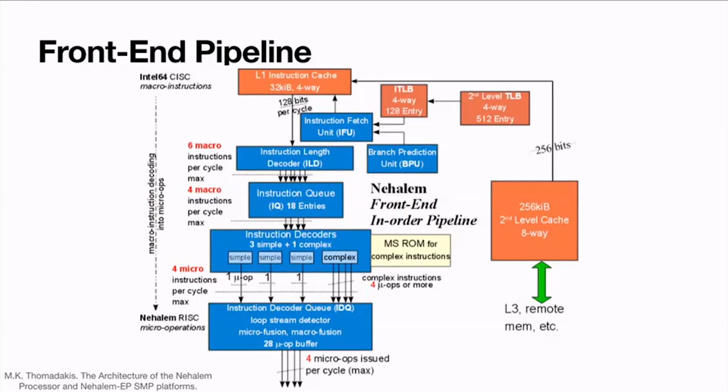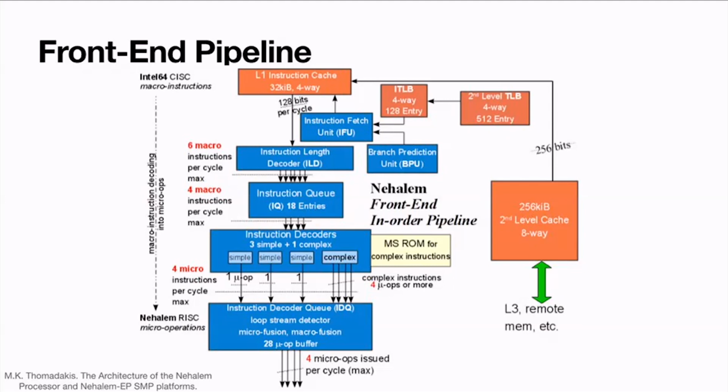If such an instruction comes up, we just index into this ROM and read the sequence of micro instructions for that macro instruction. We then send up to 4 micro instructions to the instruction decoder queue, IDQ.